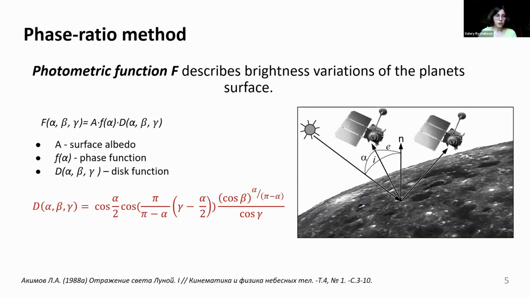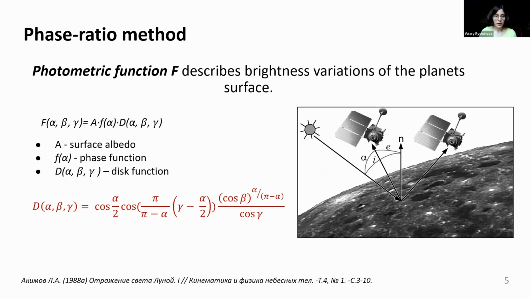And what actually is the phase ratio method? This method was developed to search for different structural changes on the Moon's surface, and it was developed at Kharkiv Institute. The main idea is that we have two different images obtained at different phase angles.